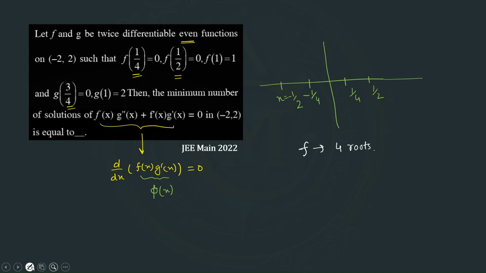Similarly, if we try to plot a rough graph of this g function, g is also even. So here at x equal to 3 by 4, g is 0, which means at x equal to minus 3 by 4, g has to be 0 also. That means the minimum number of real roots of g is 2.